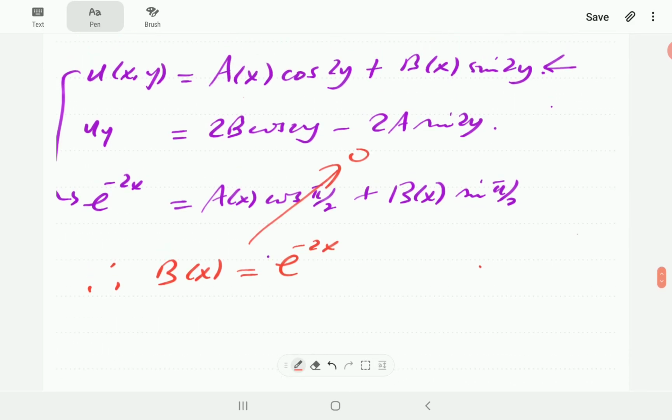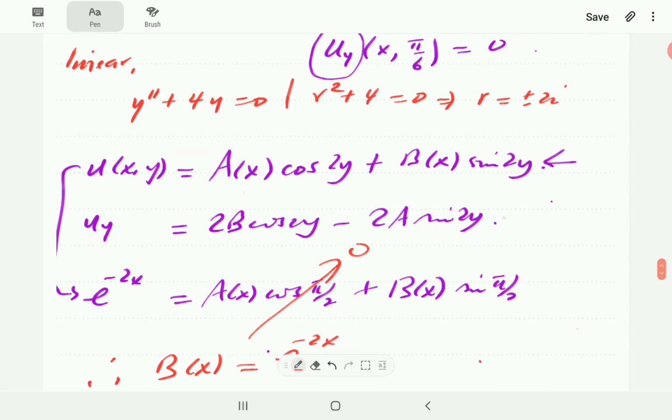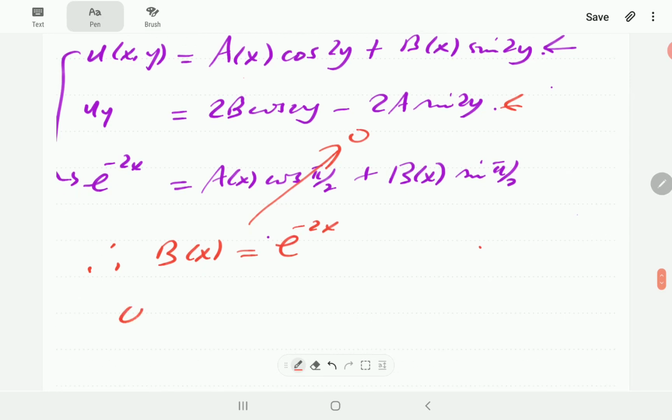Then when x is pi on 6, u_y is 0. So we're going to plug in pi on 6 here. The left hand side is going to be 0.